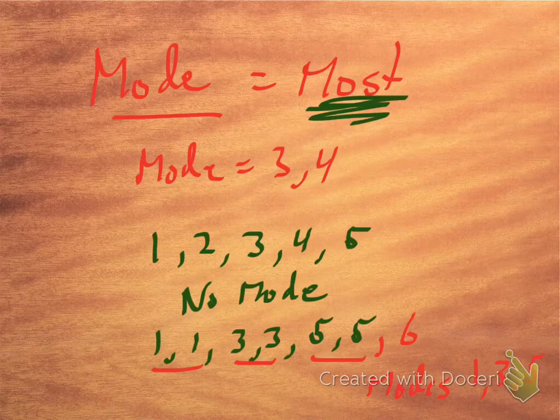Okay, we're not counting the numbers that aren't there, but in this case, 6 happened once, and 1, 3, and 5 all happened more. So you can almost think of another MO word. In order to have a mode, one thing has to happen more than something else. Okay. Now you could literally make up a data set with 100 numbers in it, and if you had 2 1s, 2 2s, 2 3s, all the way up to 2 50s, you would literally have a 50-way tie for the mode.